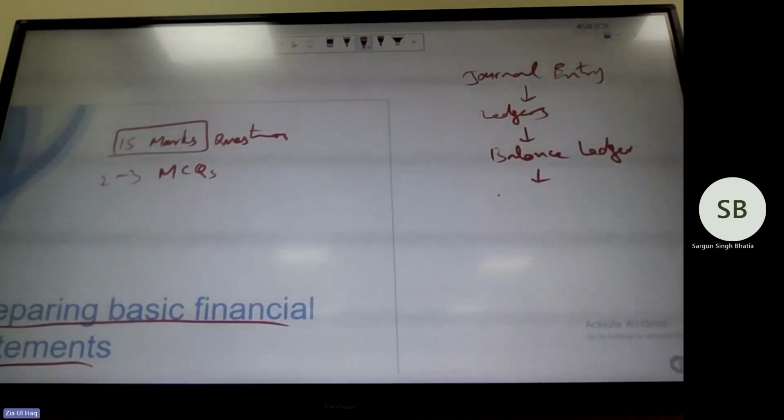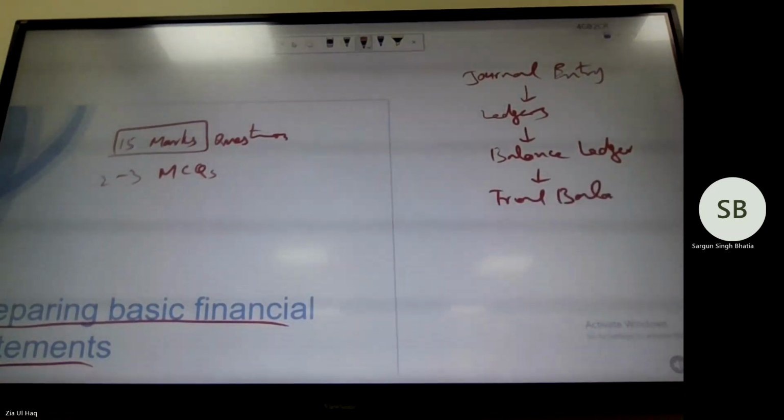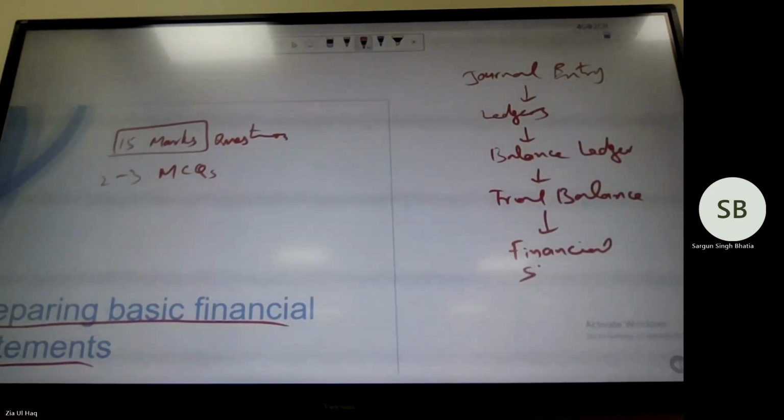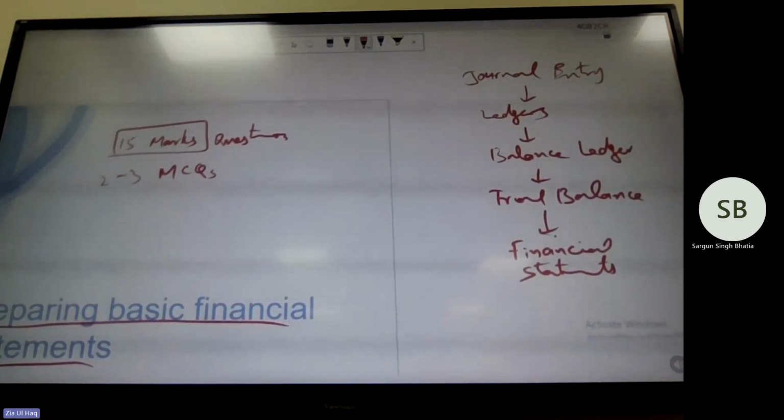And from ledger, we put the figures in trial balance. From trial balance, we put the figures in financial statements. And financial statements are the final outcome of accounting.